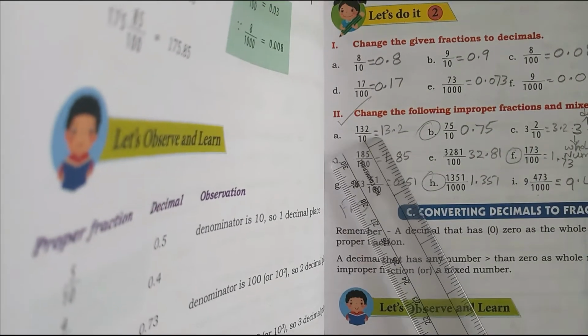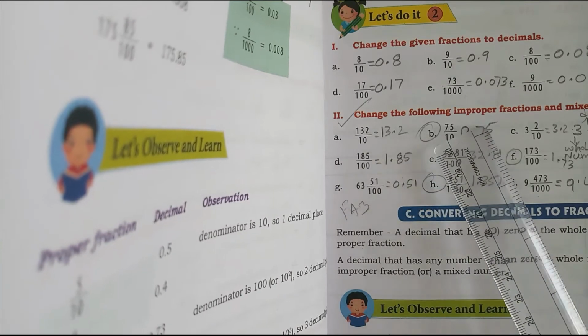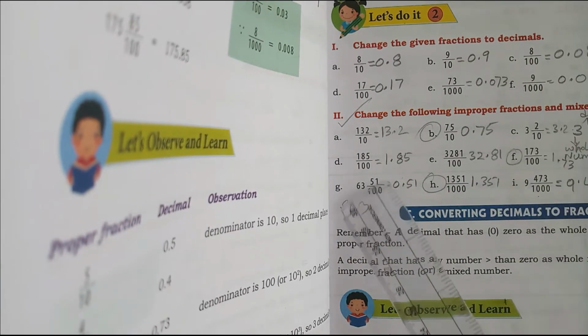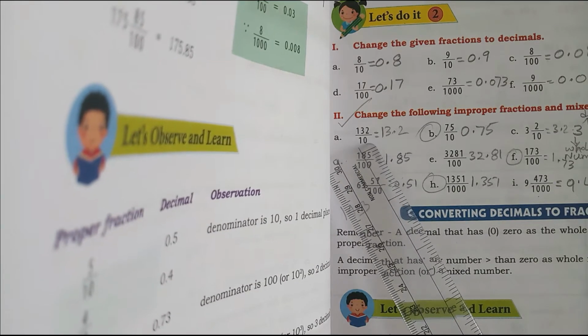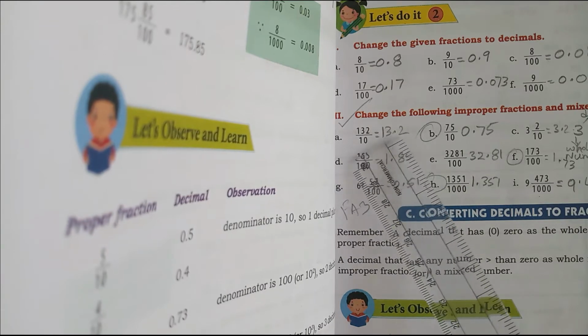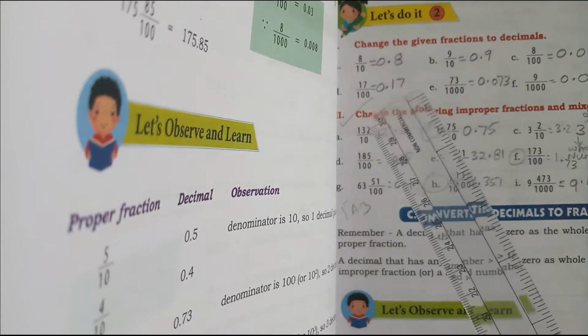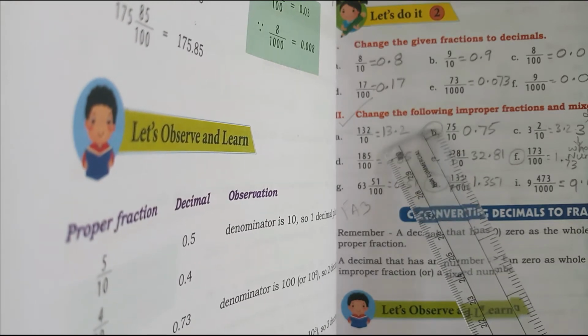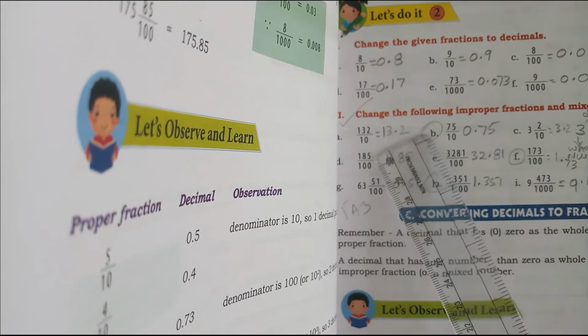Now here the second question, change the following improper fractions and mixed numbers to decimals. Here what they have given, 132 divided by 10. For these sums, how will we do the calculation? 132 divided by 10 is nothing but 13.2 we will get.